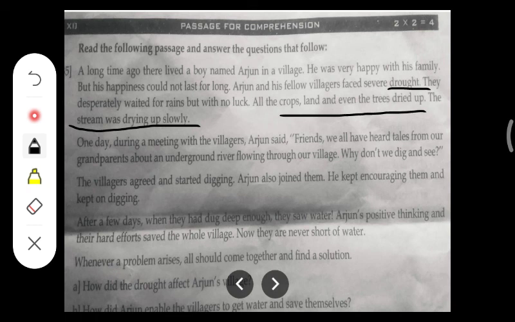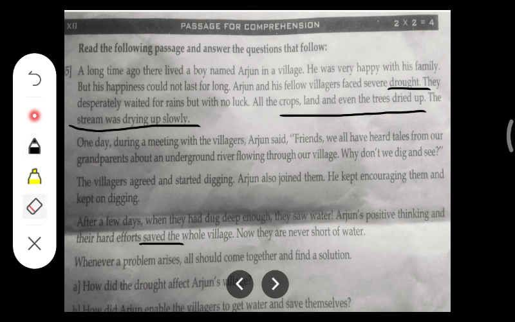Arjun also joined them. He kept encouraging them and kept on digging. After a few days, when they dug deep enough, they saw water. Arjun's positive thinking and their hard efforts saved the whole village. So here saved came. Underline this, saved.